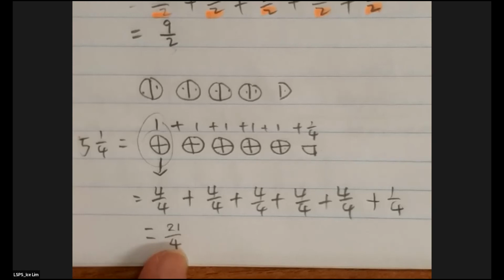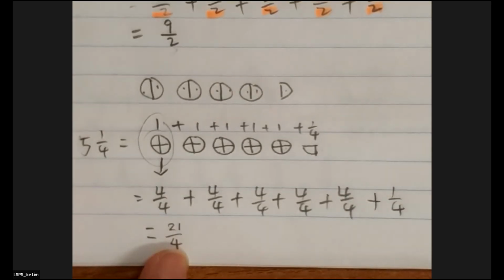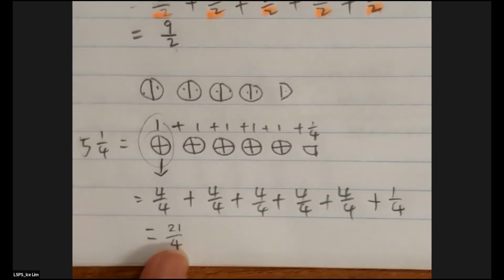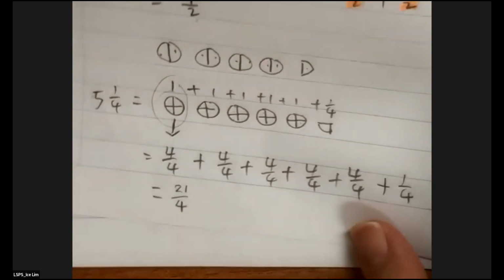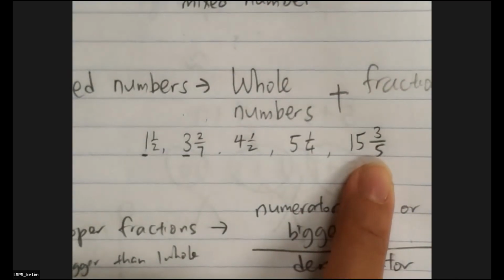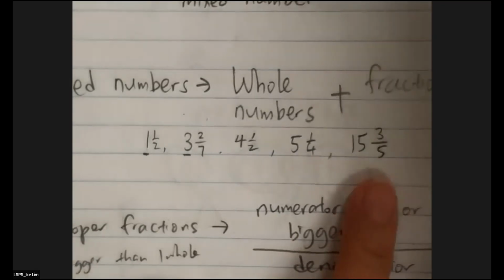Now, there's another example, the last final example given by Kevin just now. He wants to challenge us. His example was 15 and 3/5. We need to change 15 and 3/5 into an improper fraction.